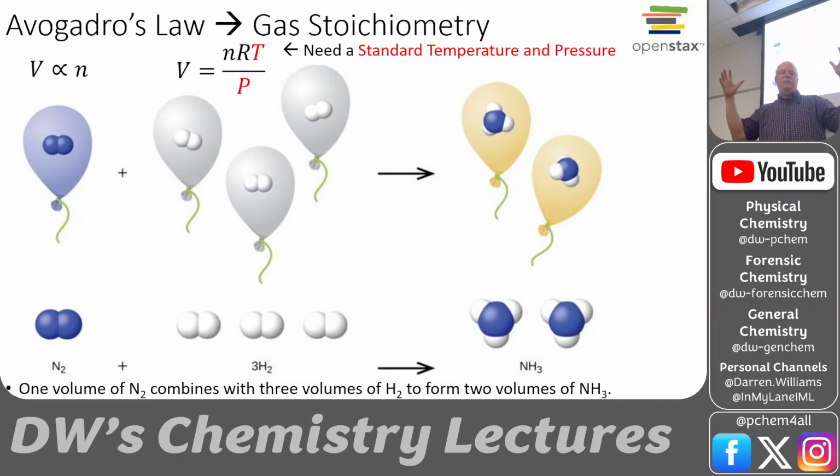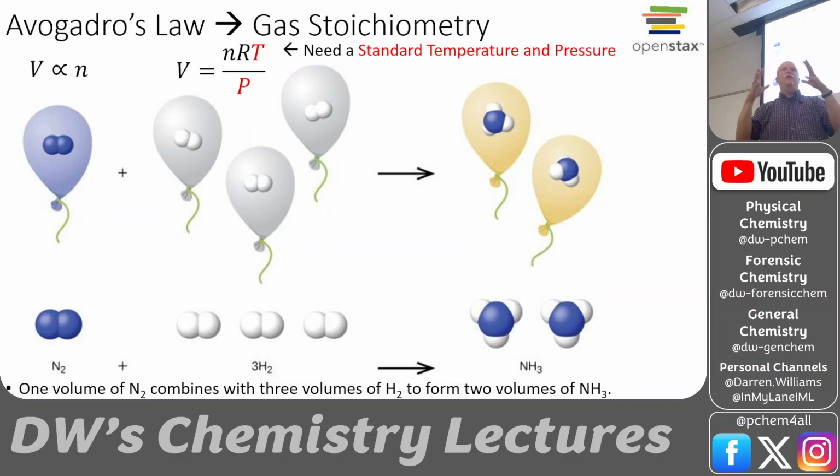And now it's half as much. It's 2 moles of gas. Something's happened. And his proposal was that the number of particles in that system has now shrunk in half. We had 4 particles, a nitrogen molecule and 3 hydrogen molecules, and now we got 2 molecules of ammonia. And so we could track reactions using gases.